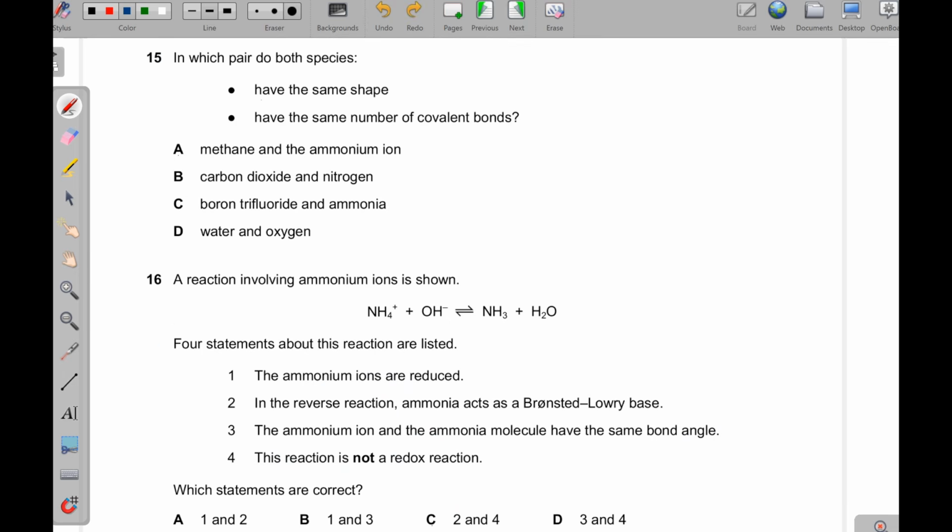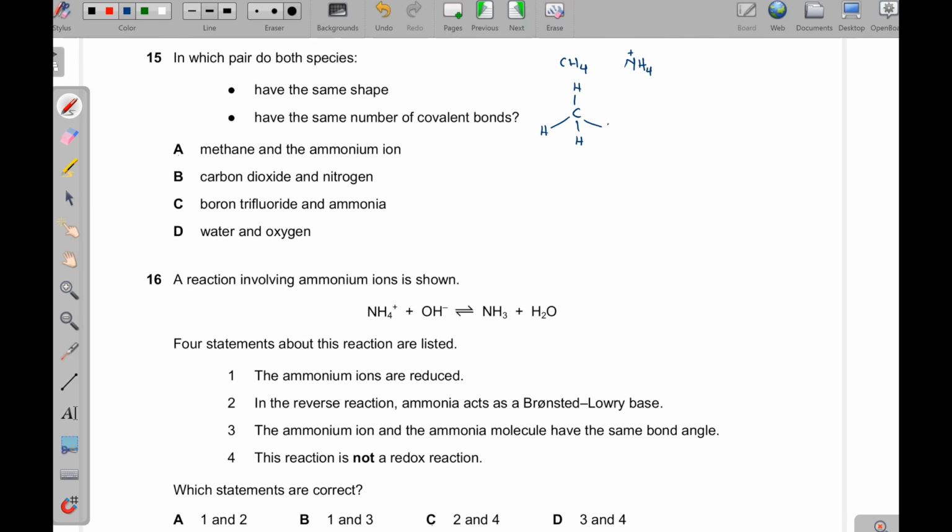Question 15. In which pair do both species have the same shape and have the same number of covalent bonds? Here I'm seeing methane and ammonium ion. Methane is CH4. Ammonium ion is this one here. Now methane has a tetrahedral structure.